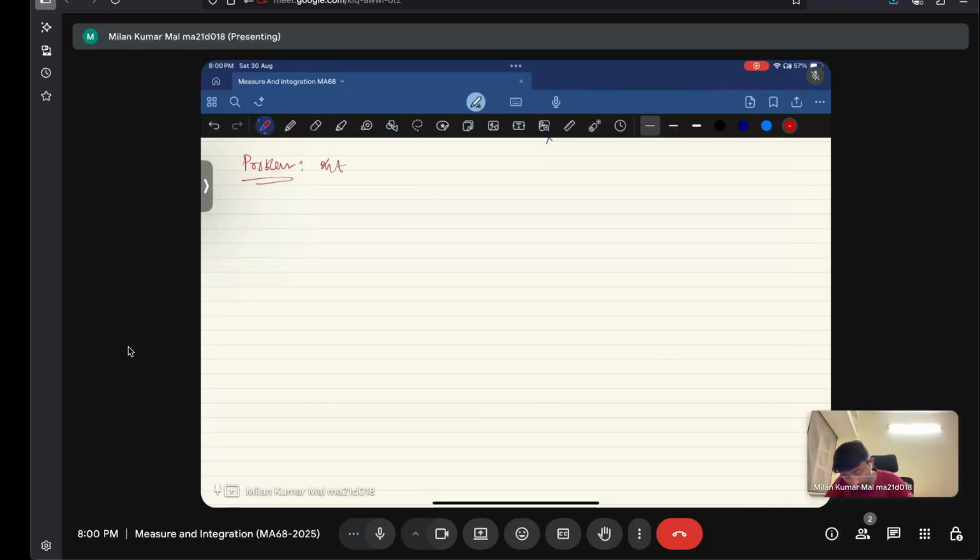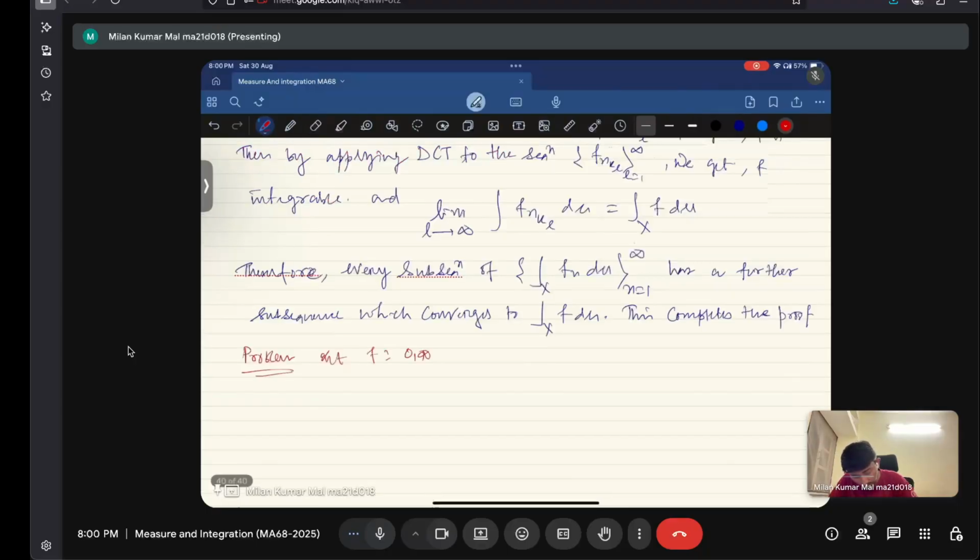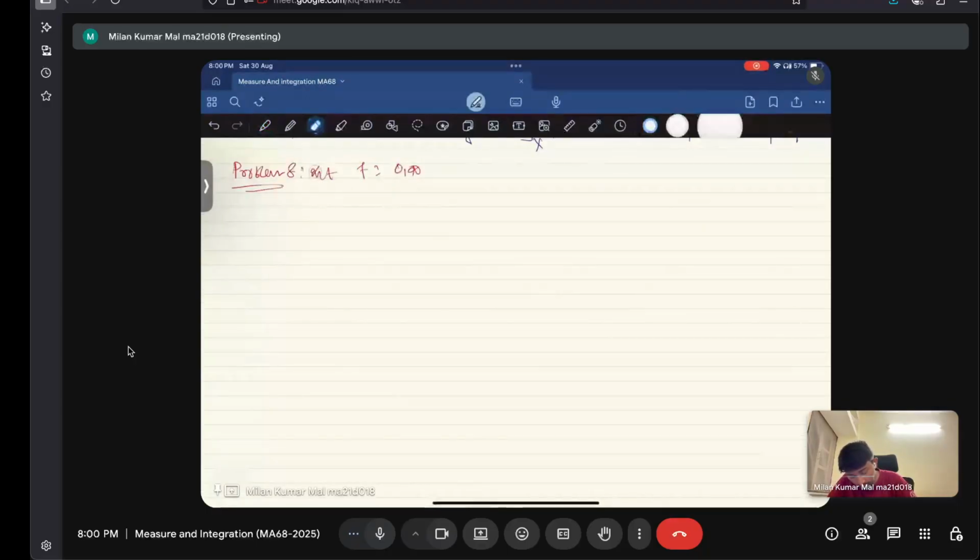Let f from 0 to infinity. I think this is problem number 8. Yep, problem number 8. Let f from 0 to infinity be uniformly continuous.